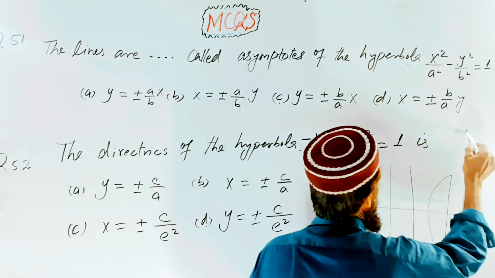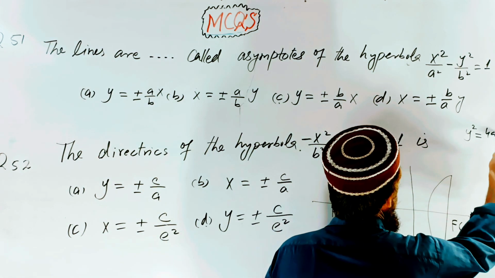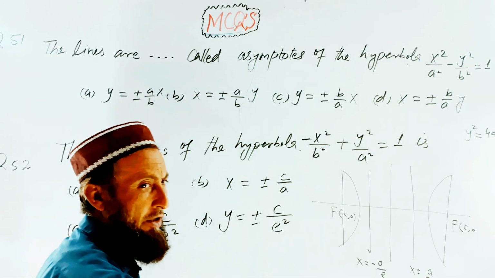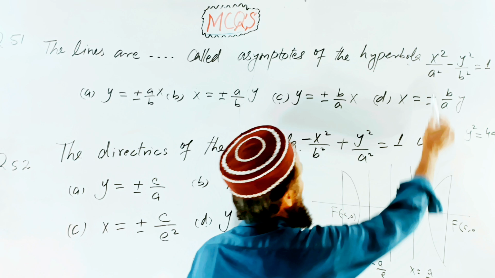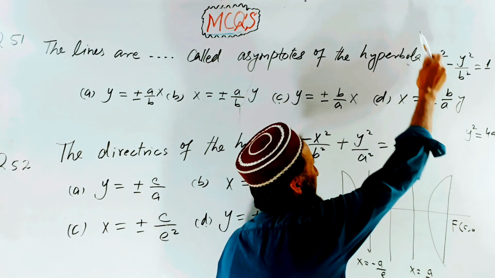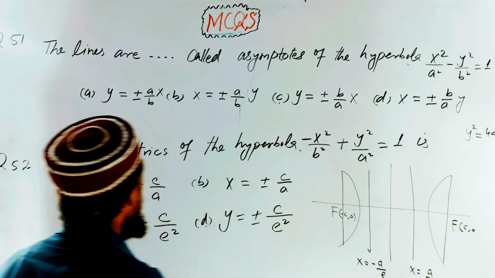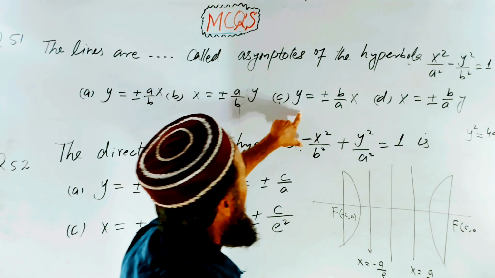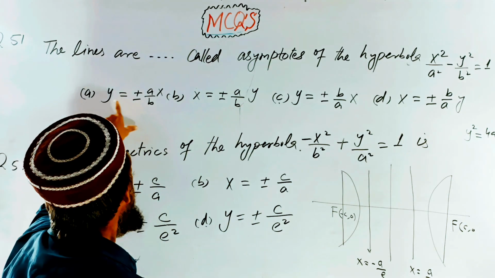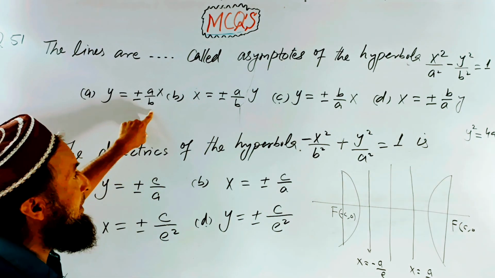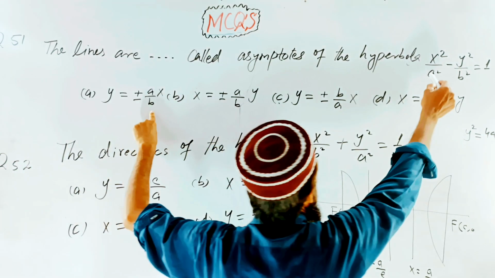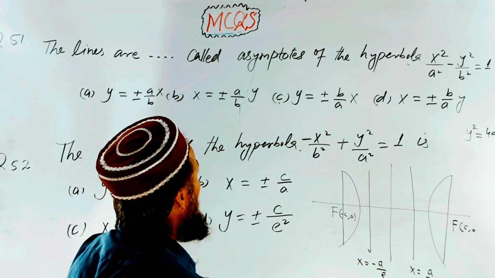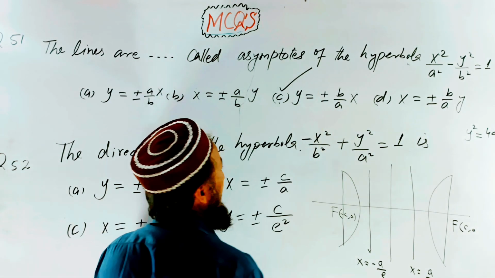If we compare with the equation, for example y square is equal to 4x, we conclude that the parabola is along the x-axis or horizontal axis. Here x square divided by a square is along the transverse axis, so we conclude that option A or C is correct, but here y is equal to plus minus a divided by x, and the transverse axis requires a value in the denominator, so option C is the correct option.